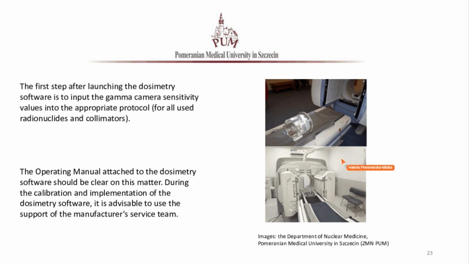When it comes to the users, we have to be careful because sometimes the operating manual formulas are not quite in line with the formulas used in the code of the software. So you need to use the coefficient of sensitivity. You also have to look at the collimator. Sometimes you will have to change the units, or look at the number of detectors in the gamma camera. So the dosimetry softwares have to be controlled.